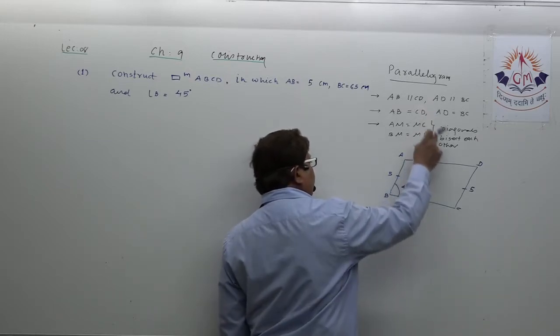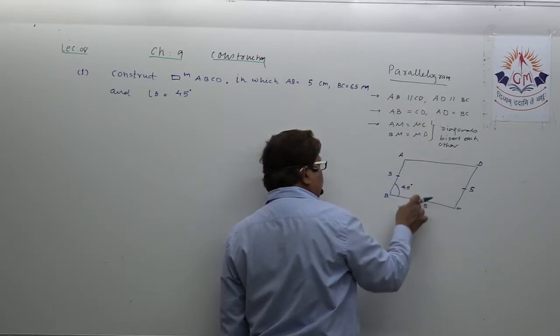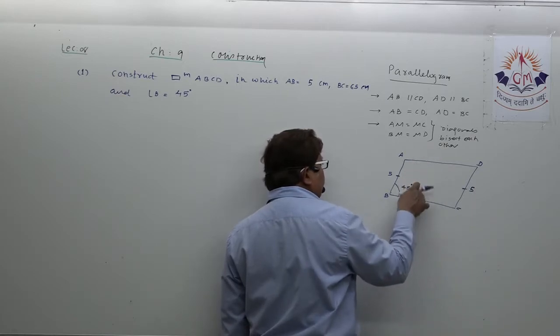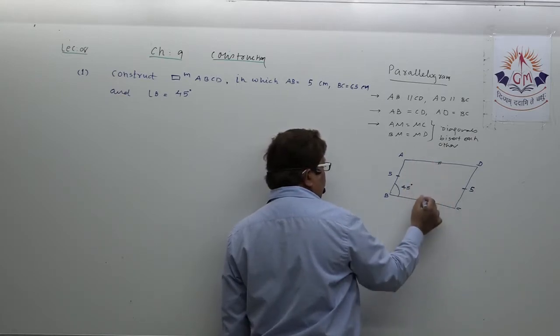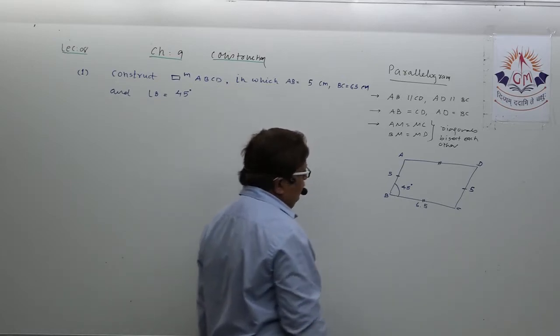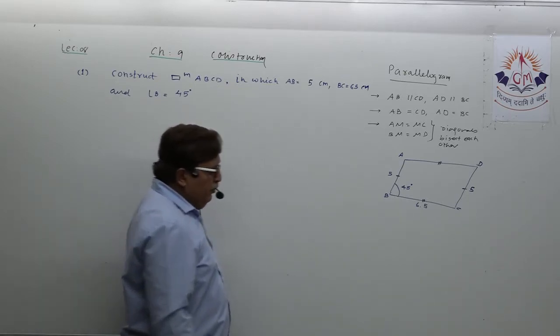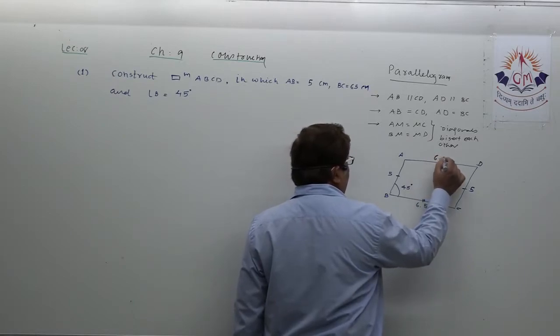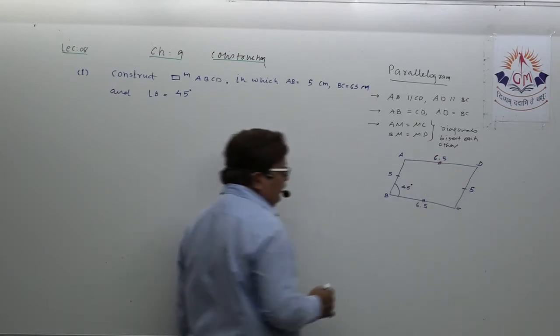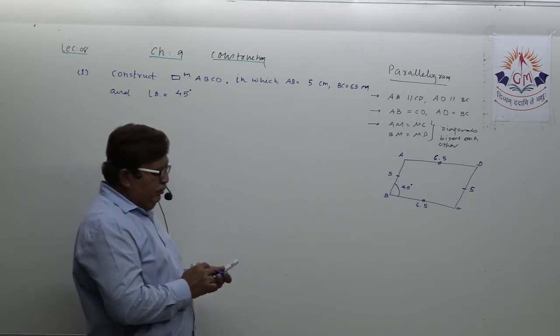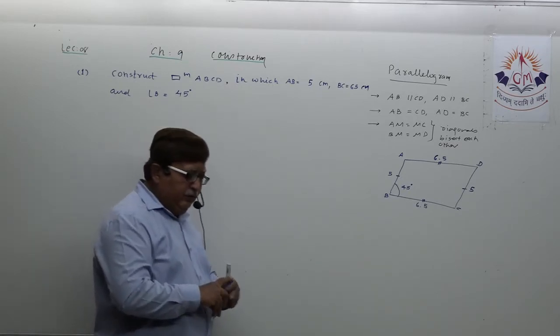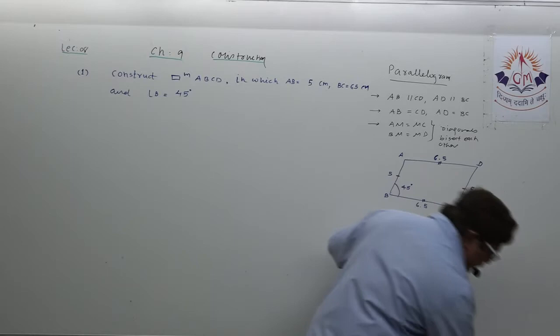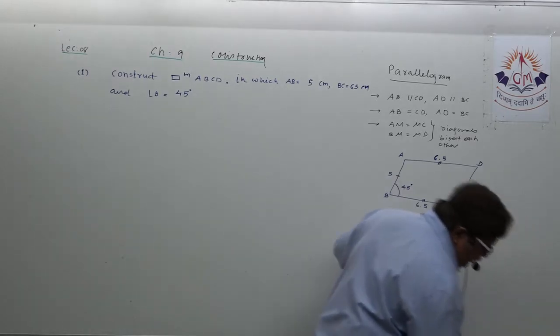As you know this property, these are also a pair of opposite sides which are equal. So AD equal to BC. So if BC is 6.5, that means AD is also 6.5. So this is the rough sketch which is going to give you a complete idea regarding the construction.